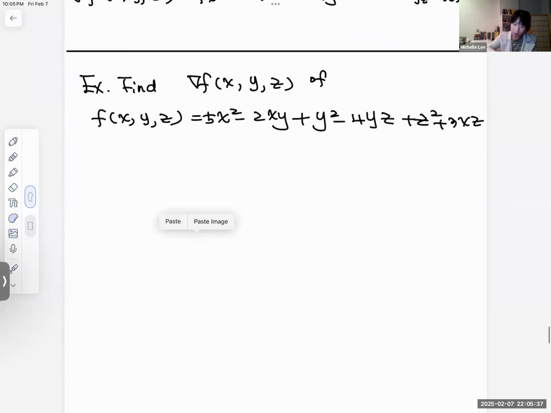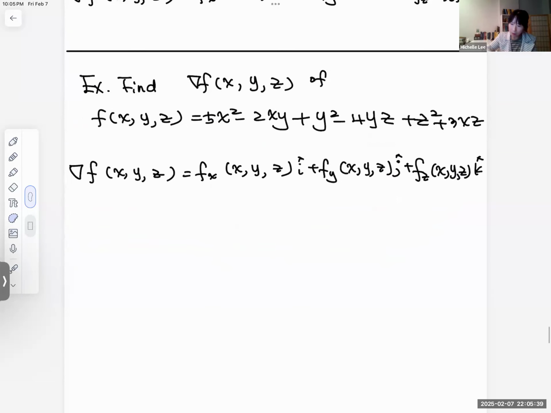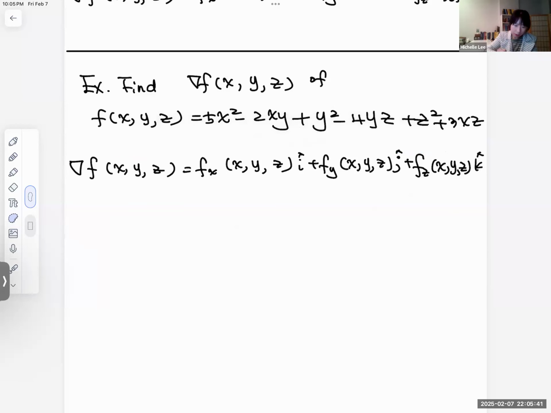Copy that. So the partial derivative with respect to x is 10x minus 2y plus 3z, yeah?